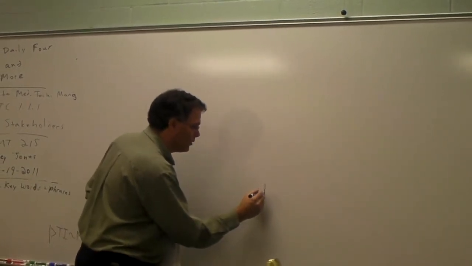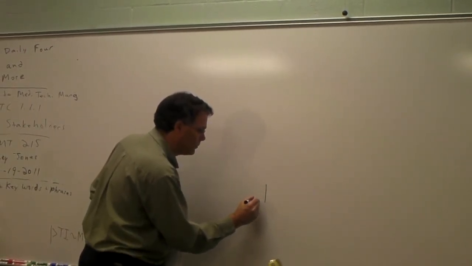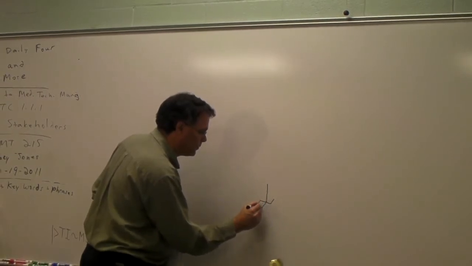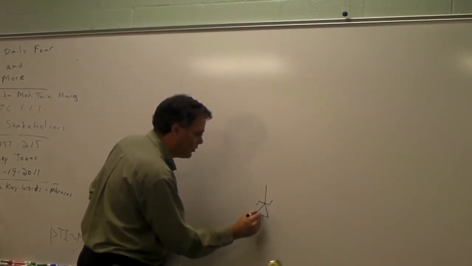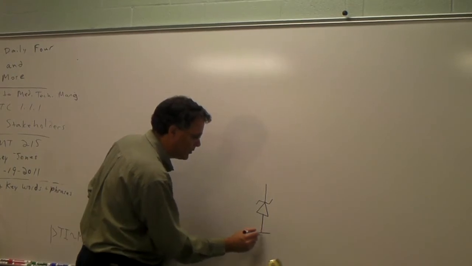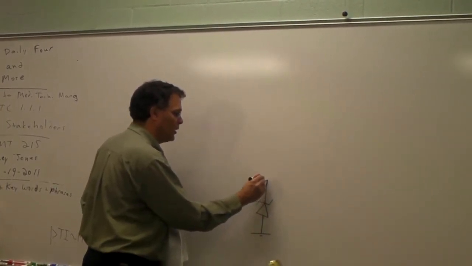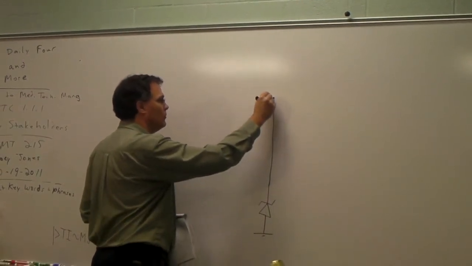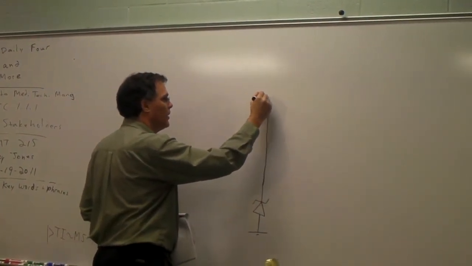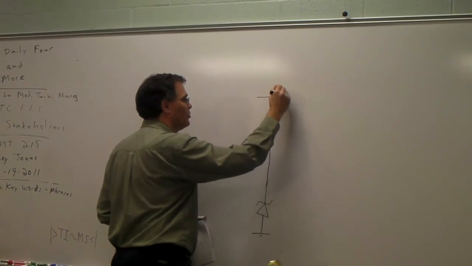Start out with the zener diode. As you notice, the anode side of that zener diode is connected to ground. The cathode end of that zener diode is connected to the base of our bipolar junction transistor.